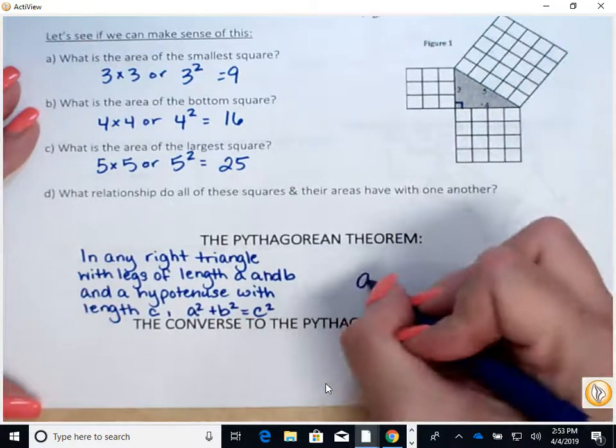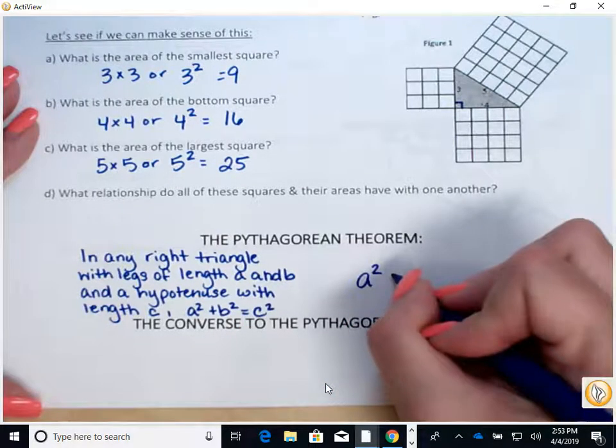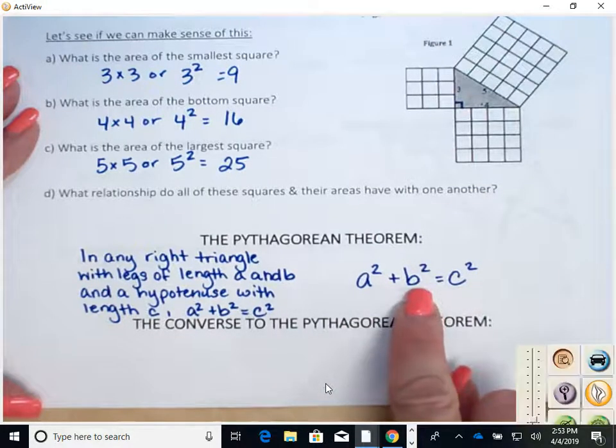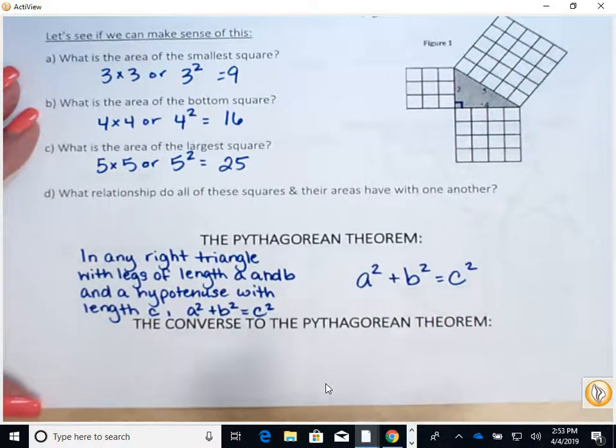So I'm going to write that out here. This is our Pythagorean theorem: A squared plus B squared equals C squared, where A and B are your legs and C is your hypotenuse.